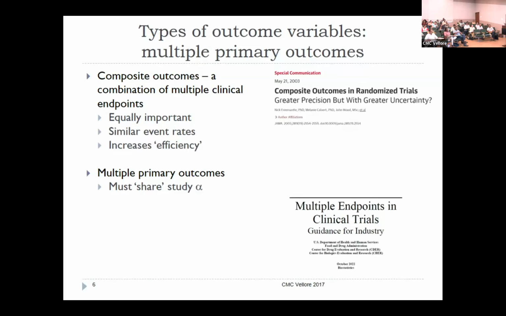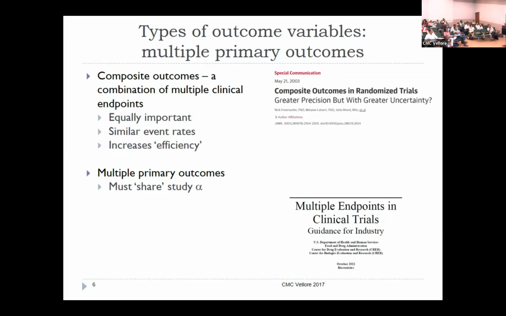I have two primaries, and I cannot test them separately at 0.05. And I don't want to do a sharing of the alpha, as Dr. Mahesh said, that was 0.025 and 0.05. He suggested 0.04 and 0.01.